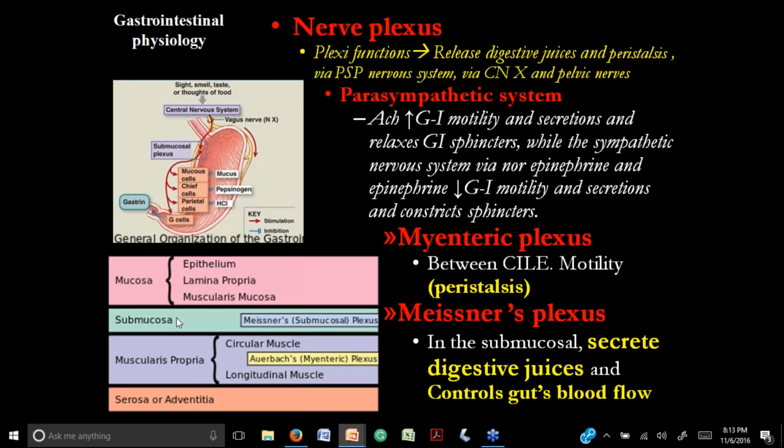So here we have, again, just not to lose the idea here, the submucosa Meissner, and in between this submucosa Meissner and the muscular layer, we have the myenteric plexus or Auerbach plexus. Plexi is the plural of plexus, and the function is to release digestive juices and peristalsis.